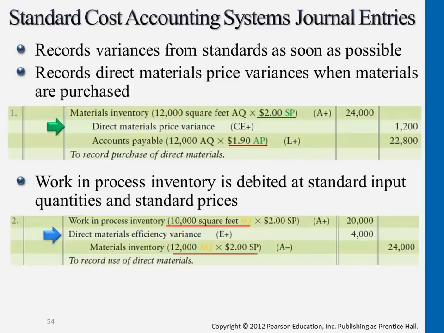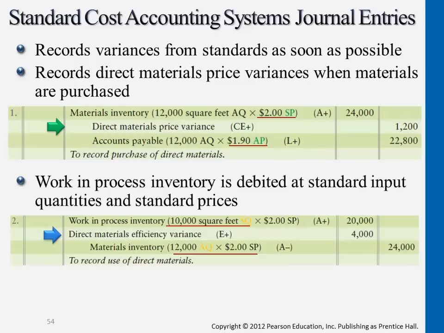When it comes to actually purchasing the material, they notice that they only paid $1.90. Remember, a transaction is only captured whenever it actually happens. As it happens, we record these transactions. So standard price was already captured a few months ago in the budgeted system. We want to show here that there are differences between what we originally planned and what actually happened.